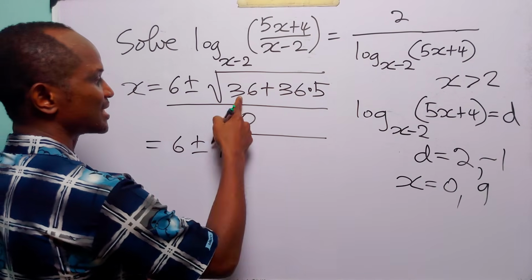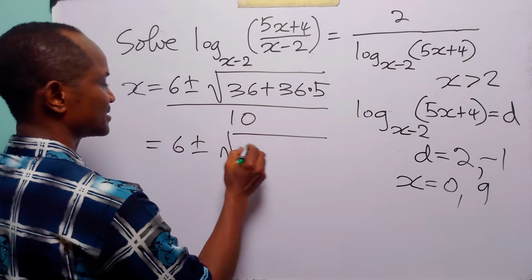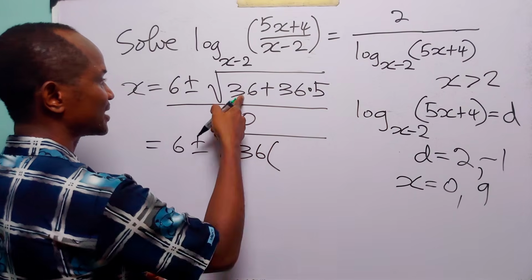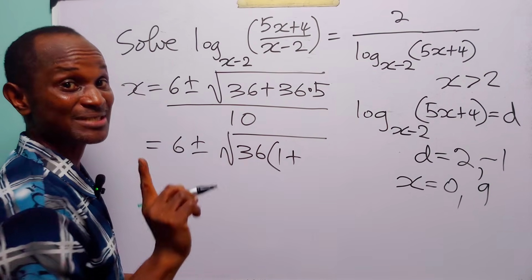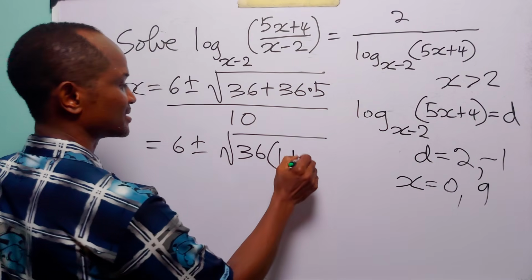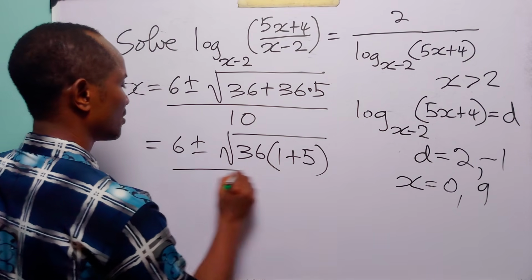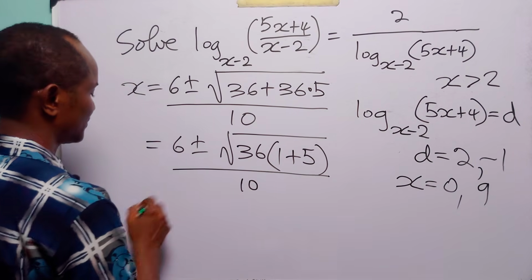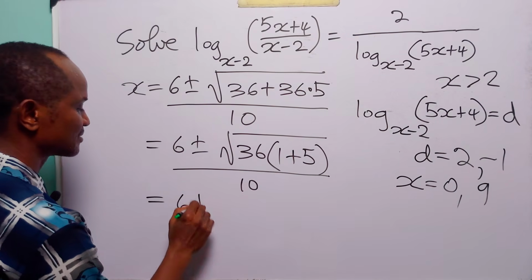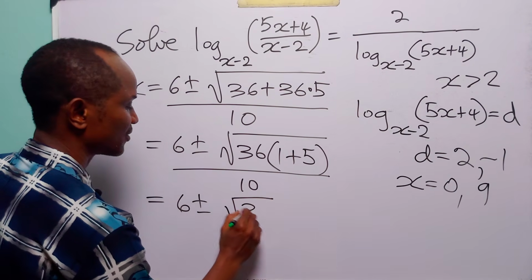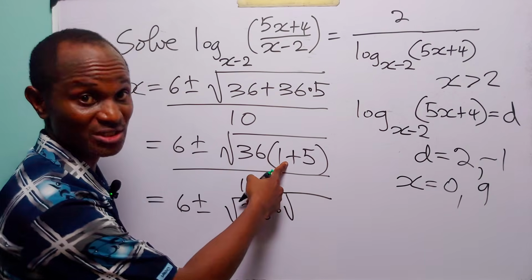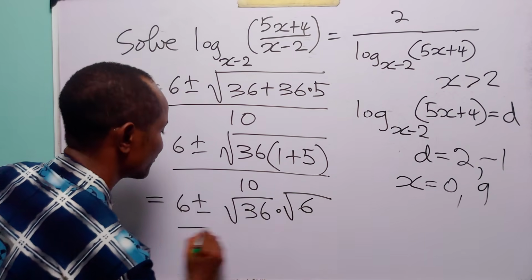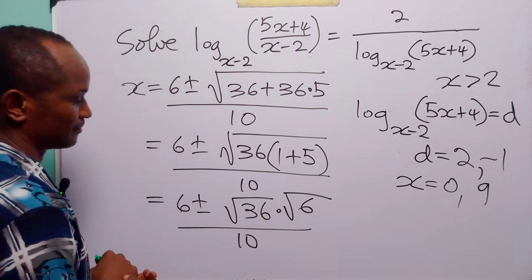Now, between these two terms, we have a common factor, which is 36. So 36 into 36 divided by 36 is 1, plus 36 times 5 divided by 36 is 5, all over 10. This is equal to 6 plus or minus the square root of 36 multiplied by the square root of 1 plus 5, which is equal to 6, divided by 10.